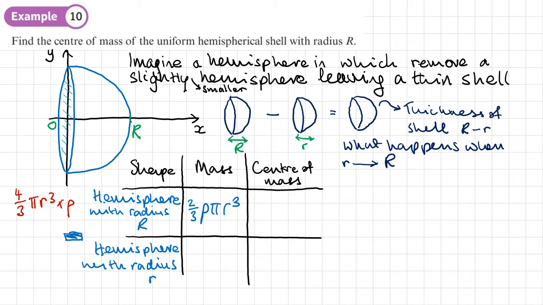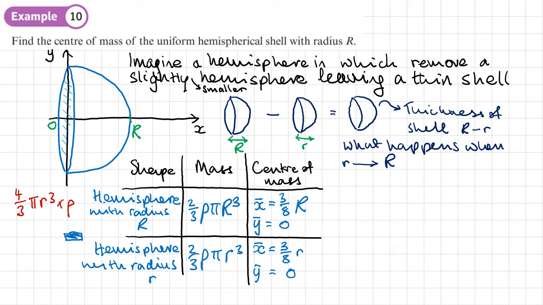And I'll just correct that, r should be big R, because when we come to the smaller one, it's going to be exactly the same thing, but 2/3 rho pi little r cubed. Now we can use the standard result for the center of mass of a hemisphere. We proved that previously. So in the x direction, that would be 3/8 of its radius, which is R, and y bar is going to be 0 by symmetry, and then x bar is going to be 3/8 little r, and again y bar is going to be 0 by symmetry.